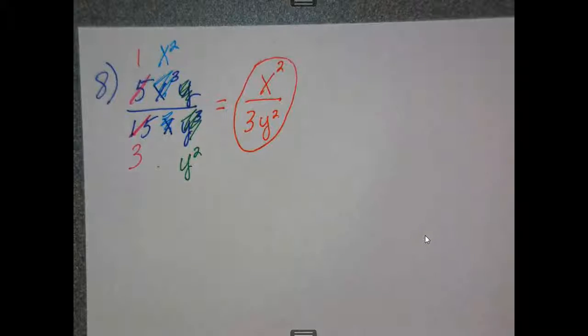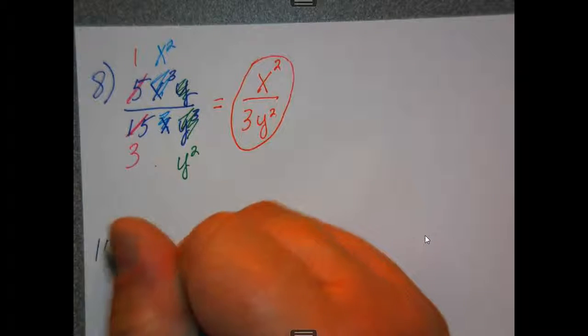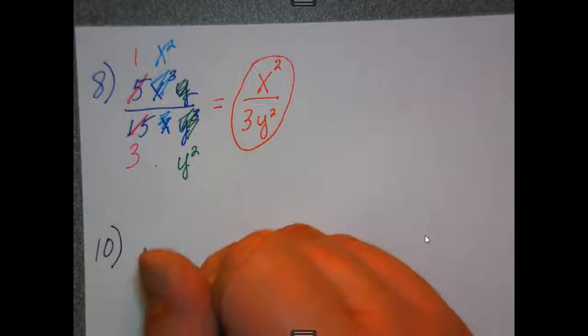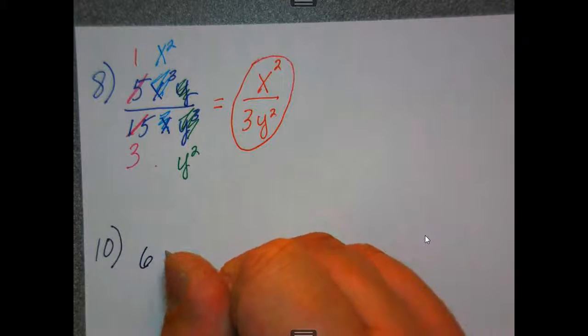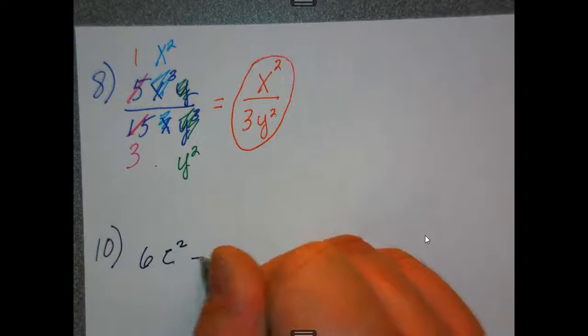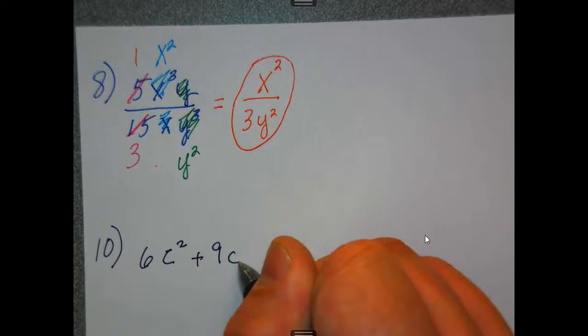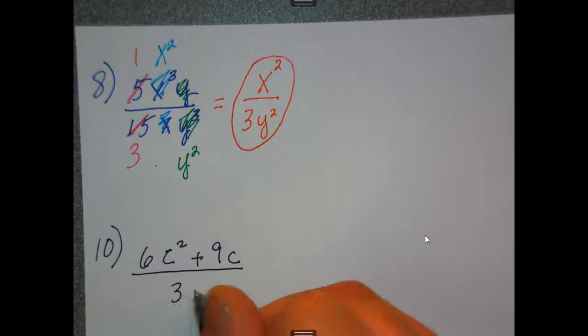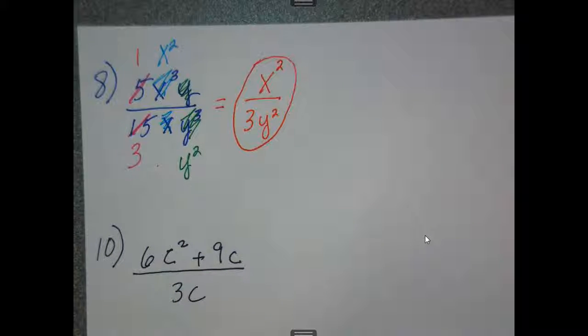Okay, number 10. For 10, I have 6c squared plus 9c over 3c. I have a quadratic, so I have to factor.